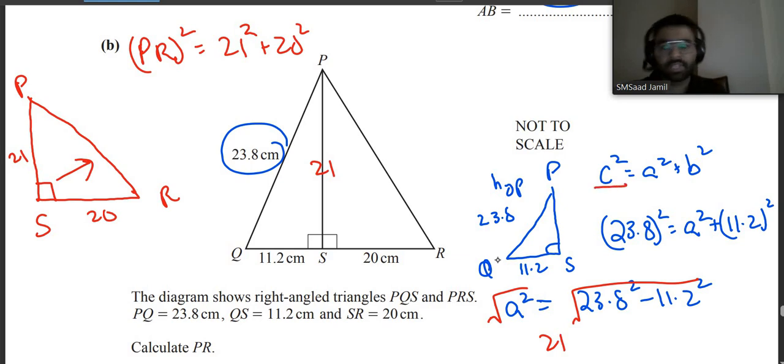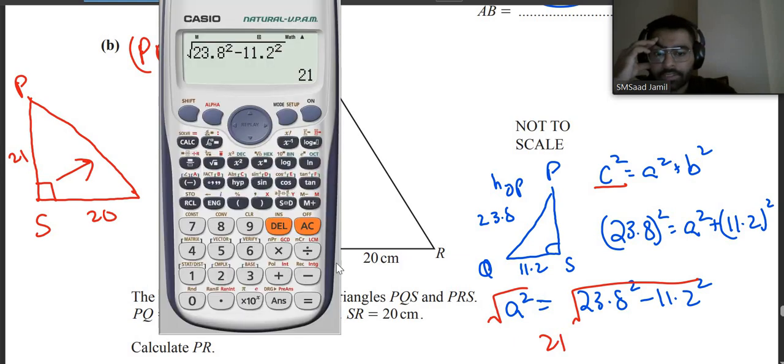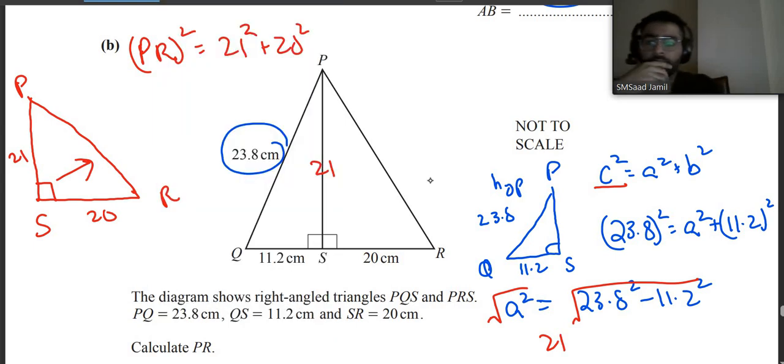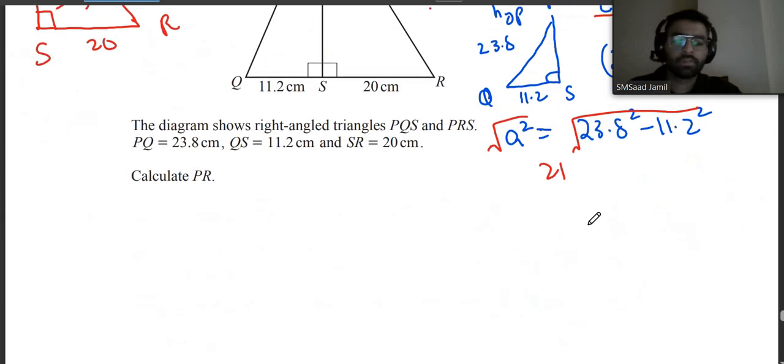C square this time is PR. So 21 square plus 20 square, that's 841. We are going to under root it as well. So that's 29, because we have to under root both the sides. So your answer is 29.